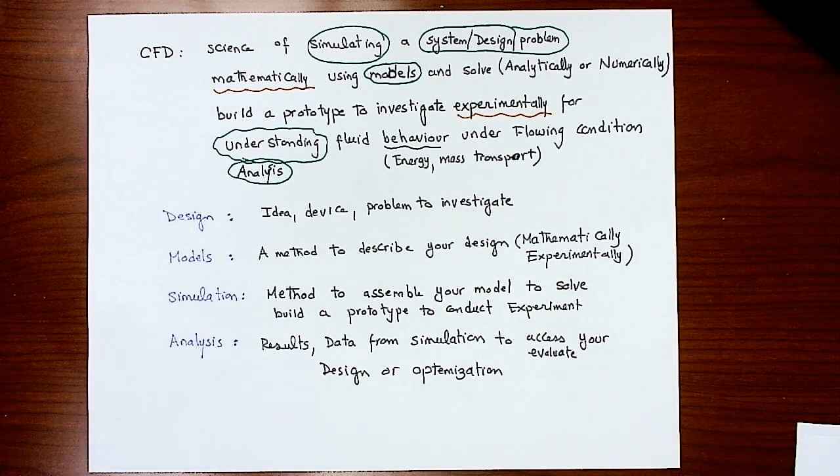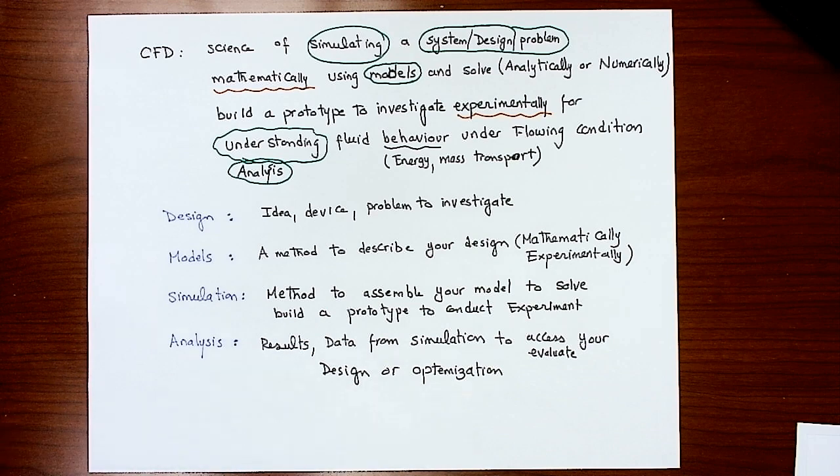So in summary, you have an idea, you have a device in your mind, and that's to address a specific problem. Then you have to describe your idea or your device or your problem. You could do that using mathematics, or do that experimentally. If you follow the mathematical way, you have to find the equations presenting your design, and assemble these equations that describe your phenomena together.